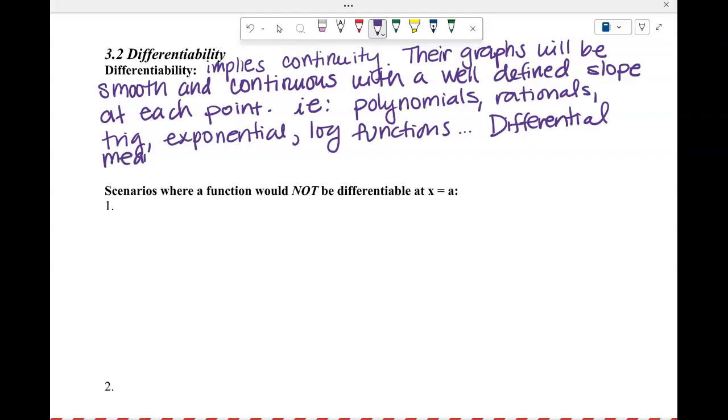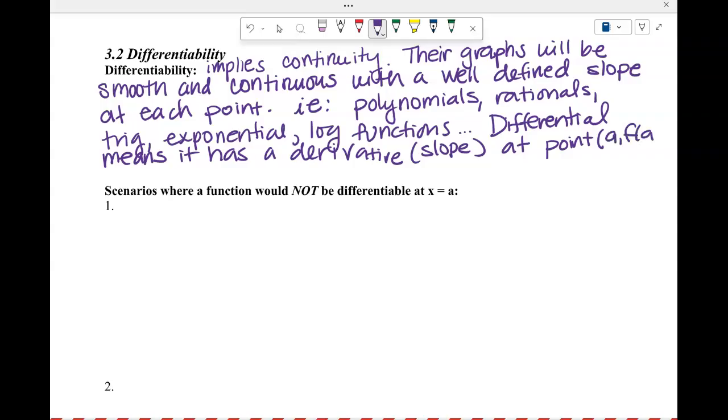Now, differentiable means it has a derivative, which is the slope at point a comma f of a.